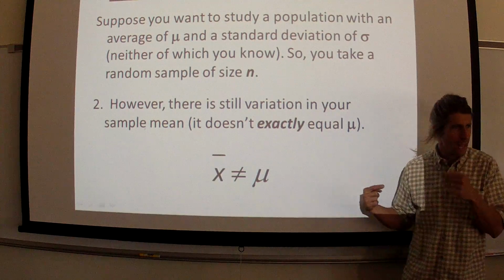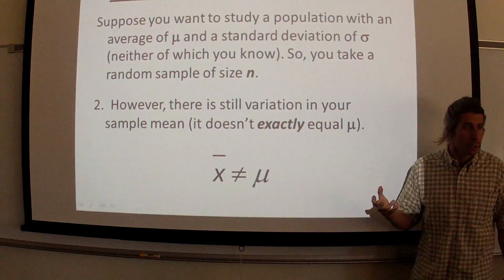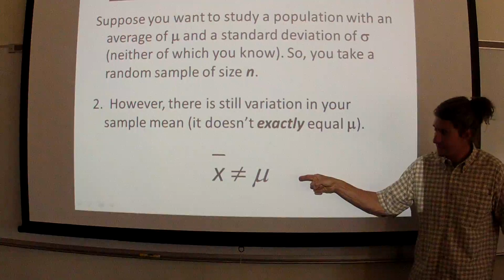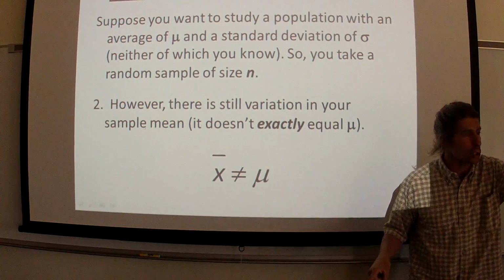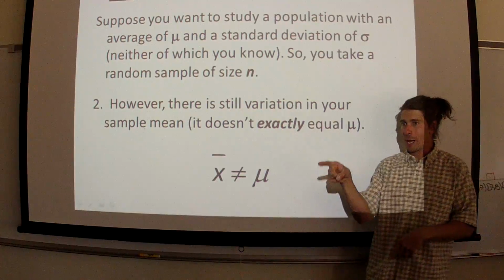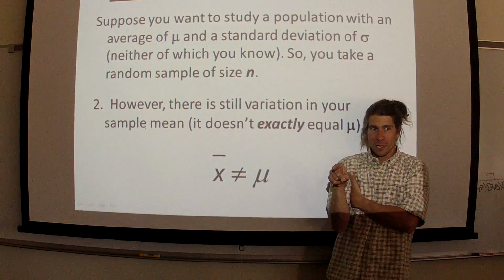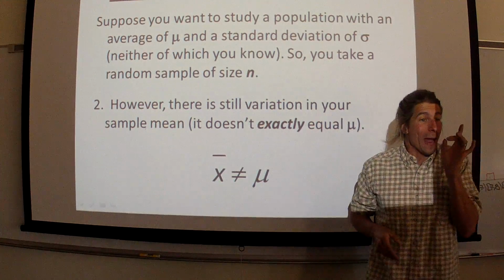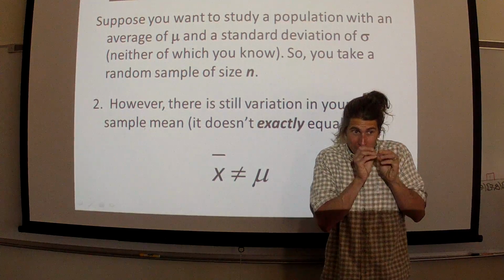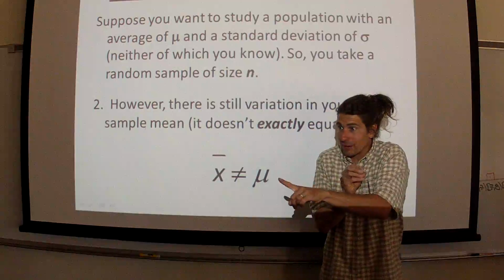I thought the last slide said x double bar equals mu. And it did. What does this say? X single bar, which is your sample average, doesn't equal mu. So what was the double bar again? That's the average of all the averages, Haley. Oh, okay. So, now, that's a symbolic explanation of what you guys said verbally very nicely.